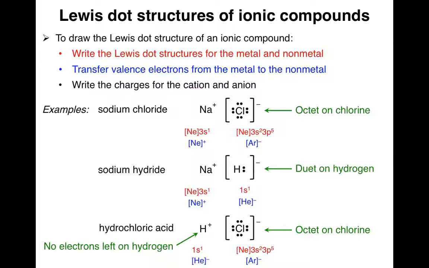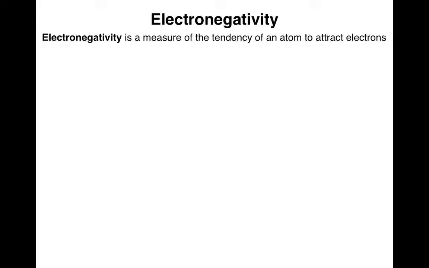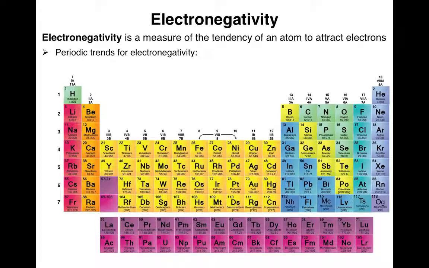Whether an atom loses or gains electrons in a compound is determined by a quantity called the electronegativity. Electronegativity is a measure of the tendency of an atom to attract electrons. Electronegativity exhibits the following periodic trends.